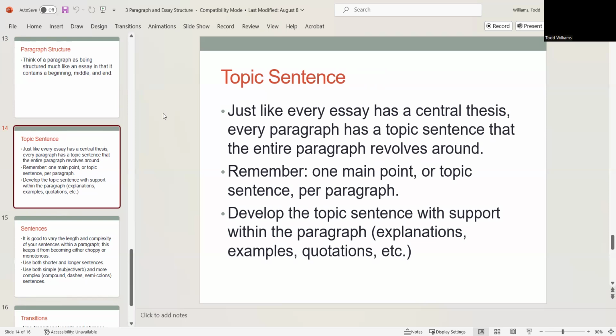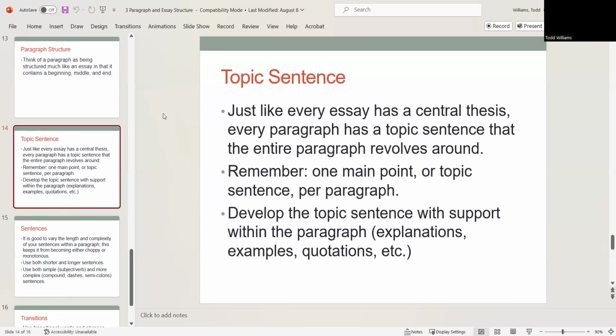A lot of times when I'm conferencing and doing revision with students on their essays, I'll say, what's your topic sentence, or make your topic sentences stronger, right? So every paragraph should start off with, here's what the topic is of this paragraph, and then everything in that paragraph revolves around it. One main point or one topic sentence per paragraph.